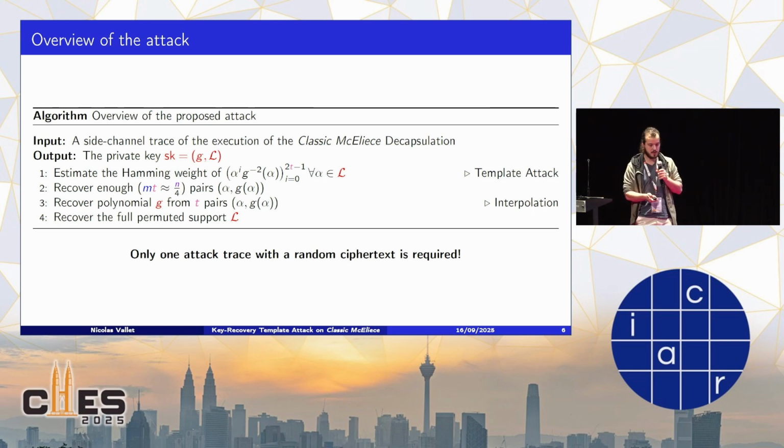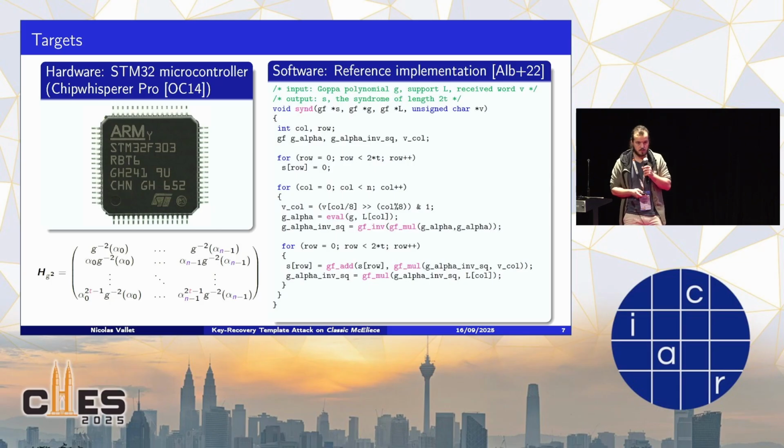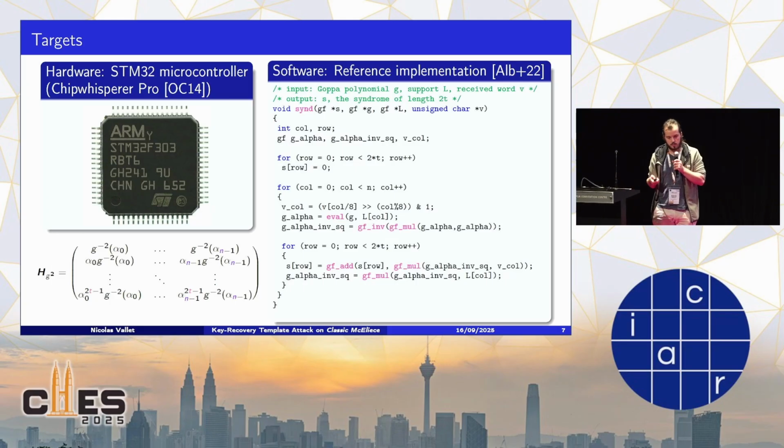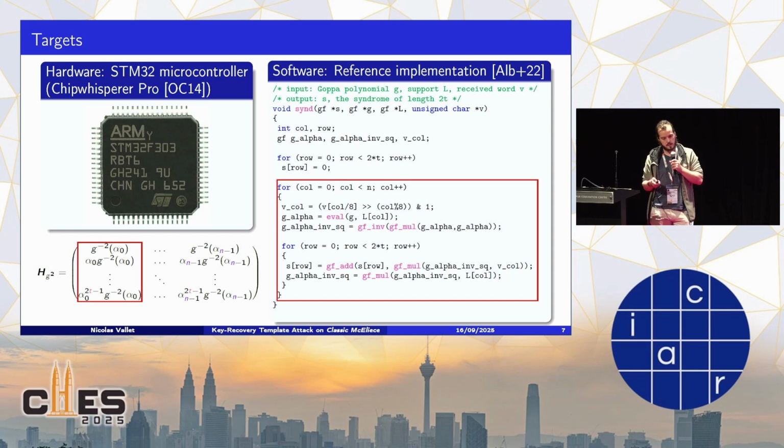For the target, we used an STM32 microcontroller and a ChipWhisperer Pro for power consumption measurements. We used the reference implementation of the syndrome computation that was submitted to the NIST post-quantum standardization process, which computes the syndrome using 2 nested loops.